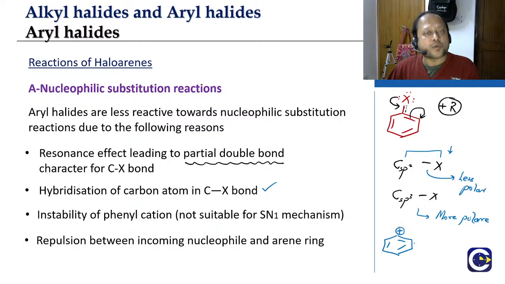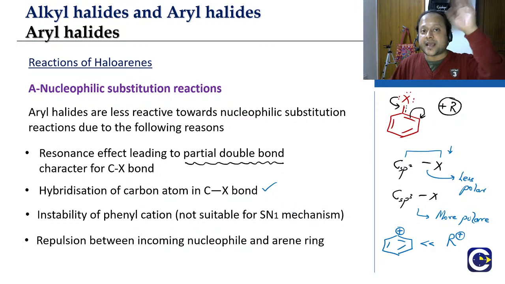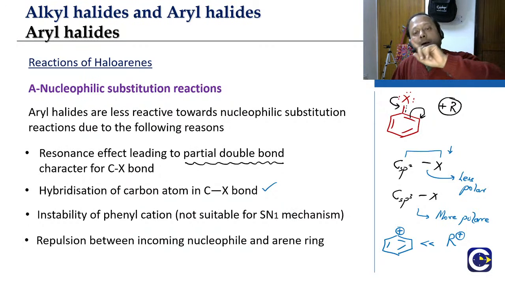A phenyl carbocation is much less stable than any aliphatic carbocation, whether primary, secondary or tertiary. Just think about a vinyl carbocation. A vinyl carbocation is much less stable than even a methyl carbocation, right? So this is not going to help our cause, not suitable, obviously.